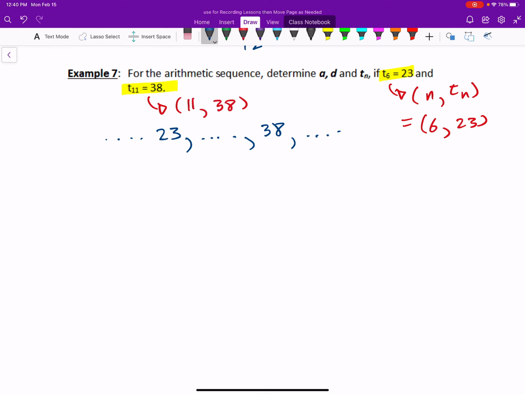If we do it like a slope formula, I could do 38 minus 23 over 11 minus 6. That's going to give me my constant difference, because my constant difference is like my slope.